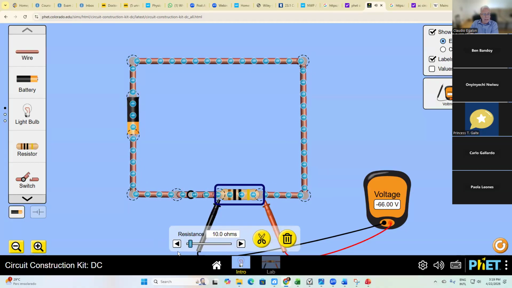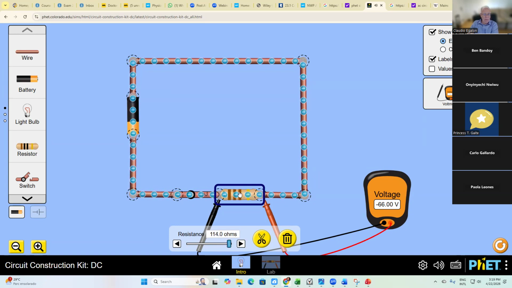I can increase the resistance and decrease the resistance. When we do, will the current increase or decrease? Notice the bands here of the resistor. The bands are changing color, which is exactly what we covered last lab.